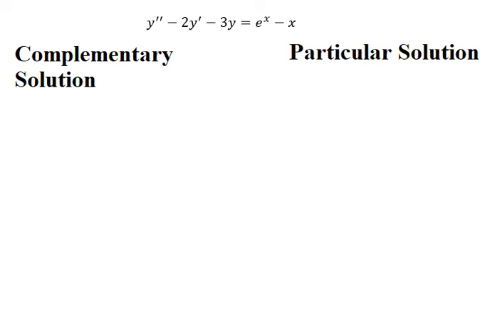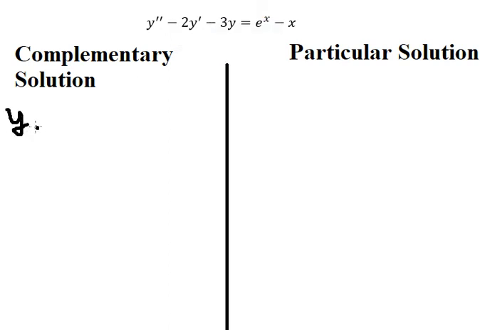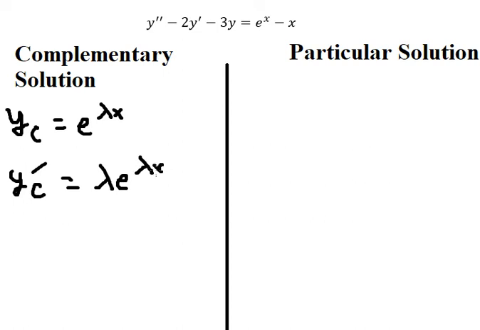So for this one, I will put yc equals e to the power of lambda s. Later we do first the derivative of yc, so we have lambda e to the power of lambda s.